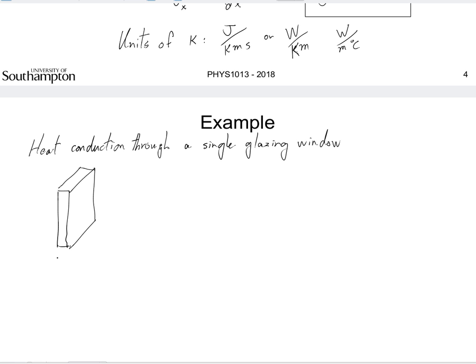We're going to say that it's 5 millimeters across, and that on one side it's 0 degrees Celsius, which is quite realistic by now, 20 degrees Celsius on the other side, and that the window is 1 meter by 1 meter, okay? So the question is very simple: how much heat is going through this window per unit time? So we're going to find something in the end that's in watts, right?